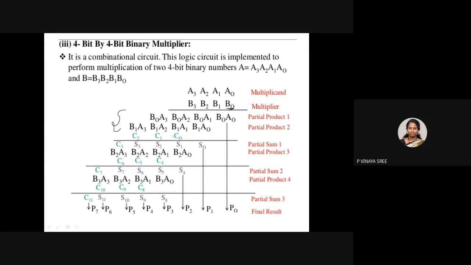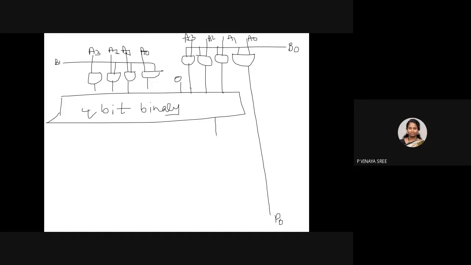So once this part completes, what will you be getting as output? Including carry, you will be getting the output of this 4-bit binary adder. Is it 5 bits including carry? 5. In that 5, this is your S0, S1, S2, S3, and this is your carry.